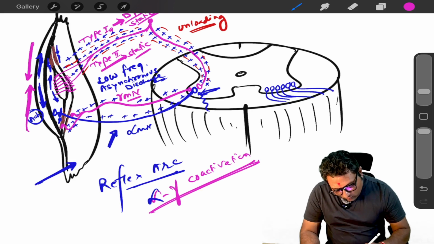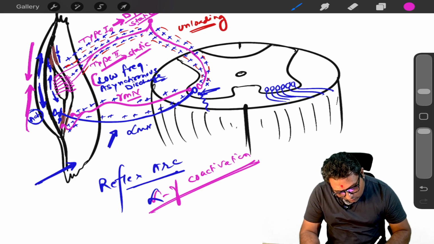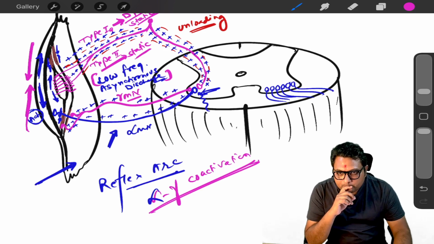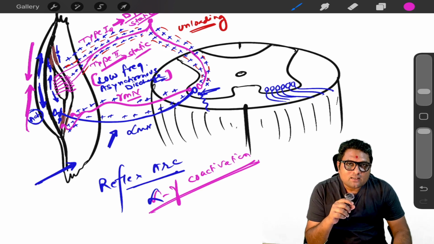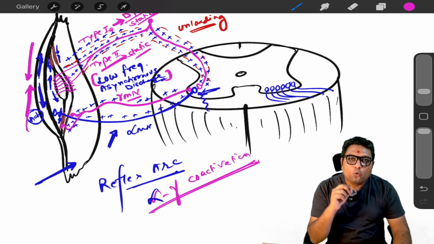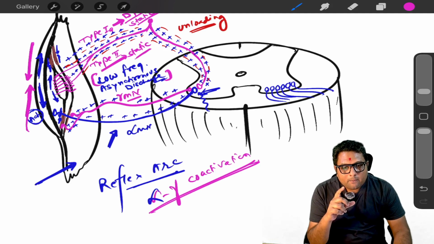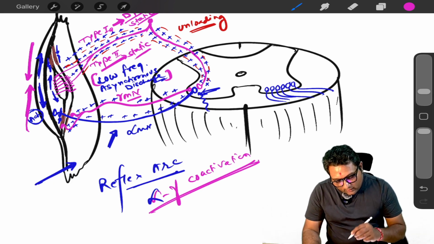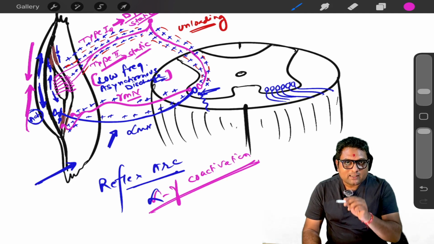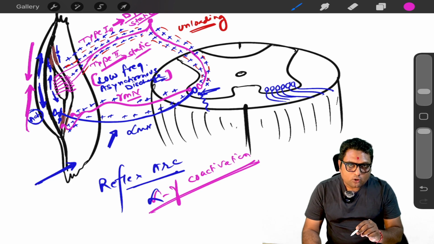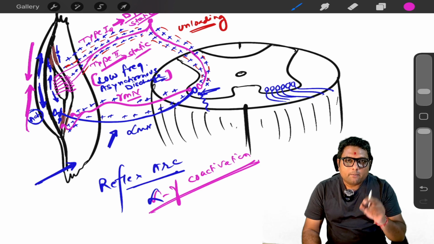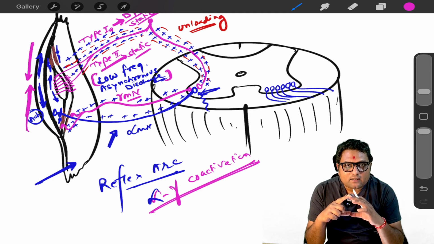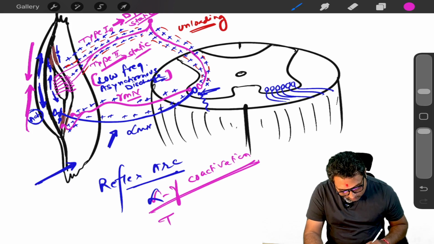Now, this low frequency asynchronous discharge is due to the gamma motor neuron. This low frequency asynchronous discharge, which is running along this gamma loop, helps in keeping the muscle in a partially contracted state. It eventually leads to partial stimulation of the alpha motor neuron, and that keeps the muscle in a partially contracted state, and that is called tone of the muscle.